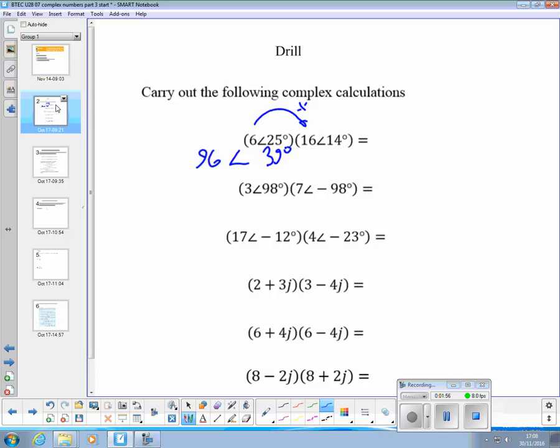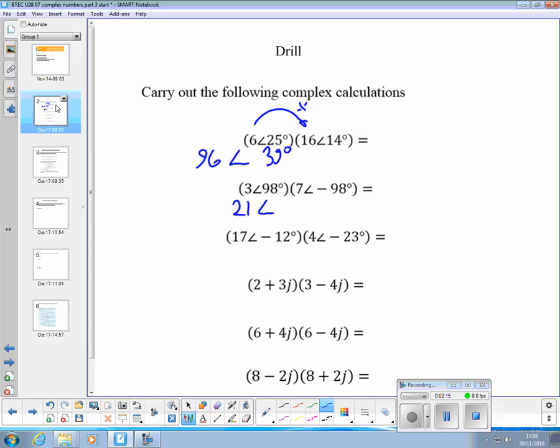Second one. Tell me how you did the second one. 3 times 7, 21.